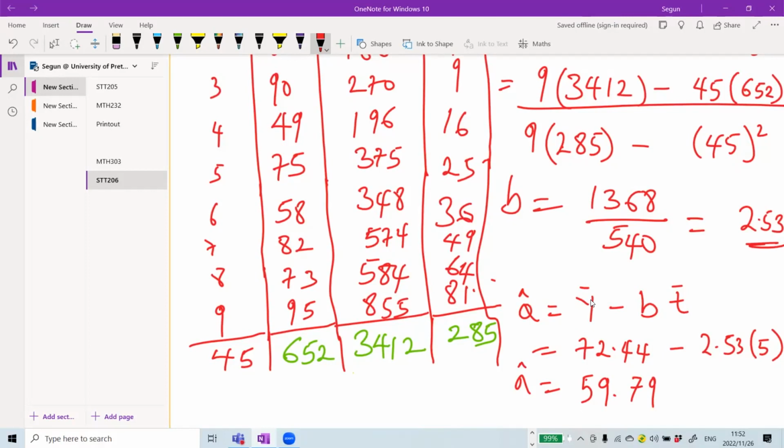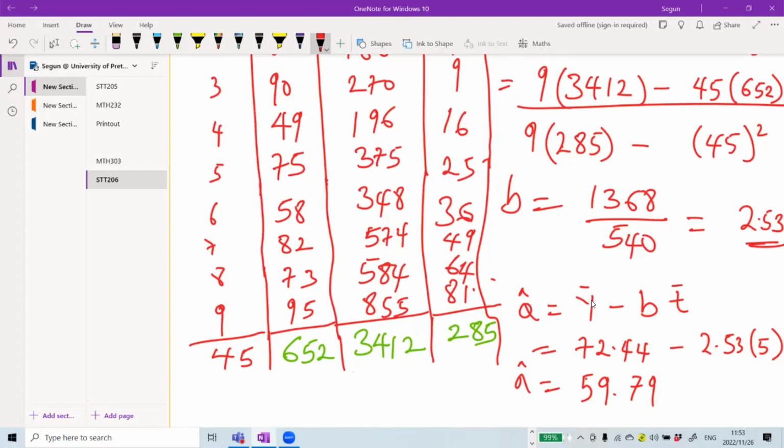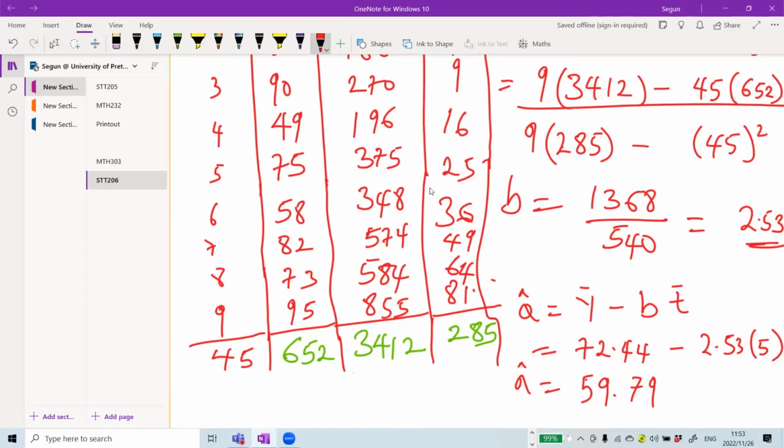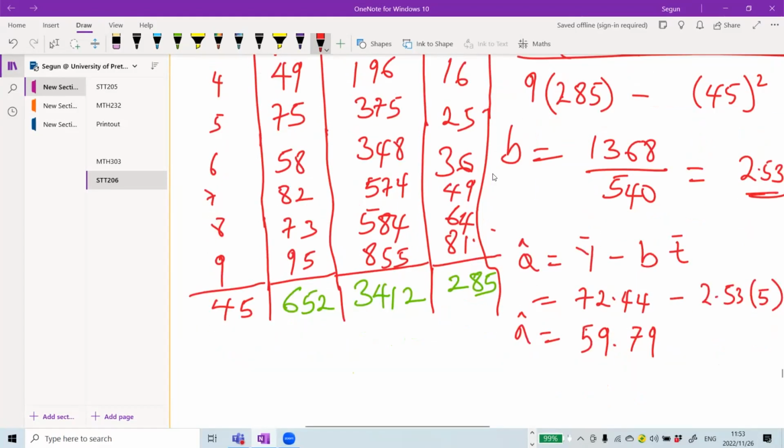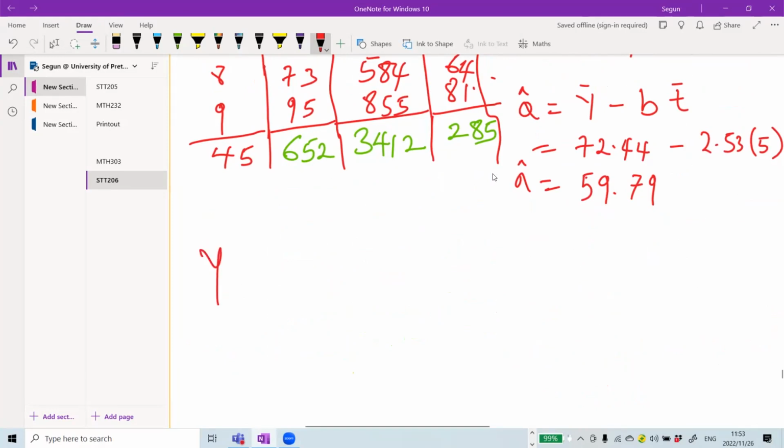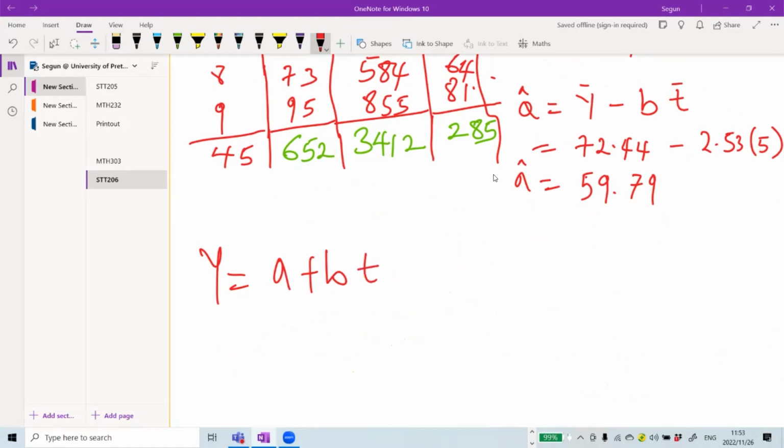So we are coming on. 59.79. Yes, sir. Any question? Now, that's not the solution where we are going. So what we need to write now, you write this equation back, A plus B T. So our model will now be, what is our Y?